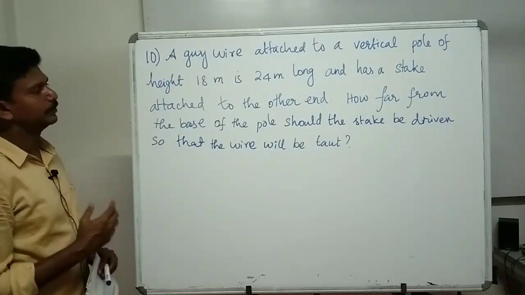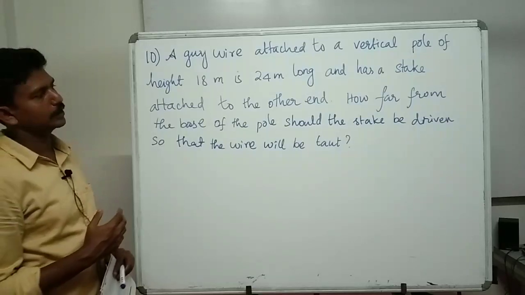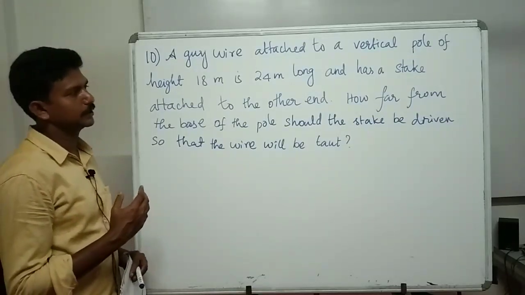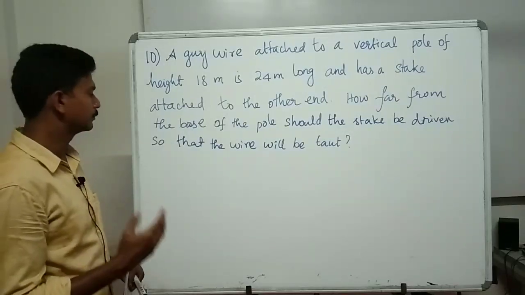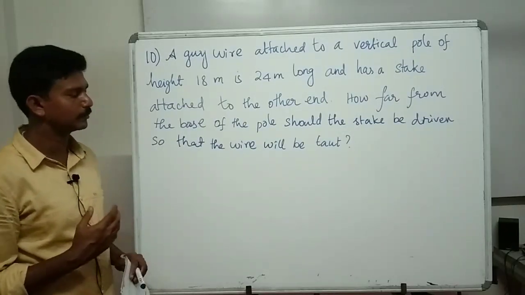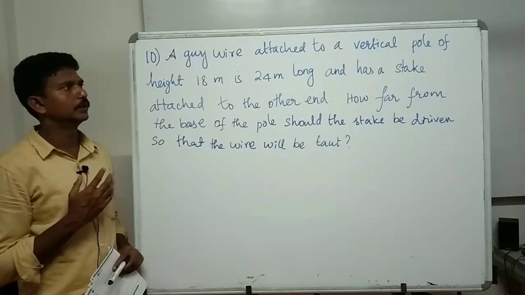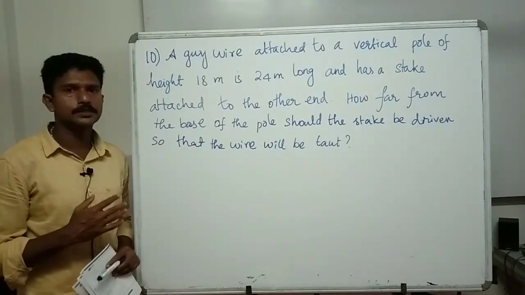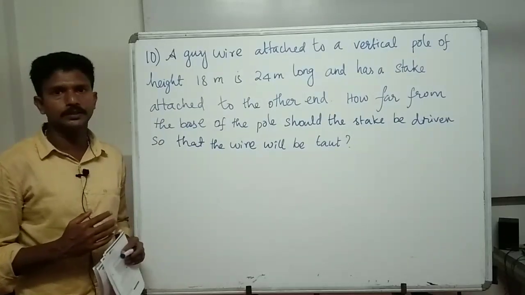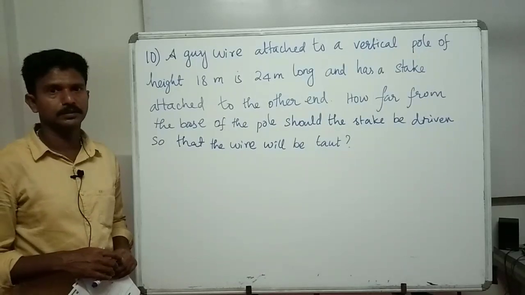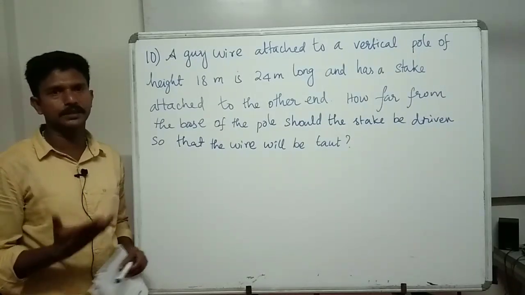How far from the base of the pole should the stake be driven so that the wire will be taut? This is the same as what we did in the ladder question, the previous example. We should find the third side using Pythagoras theorem.